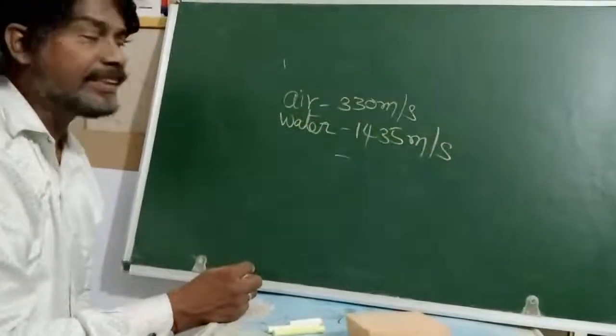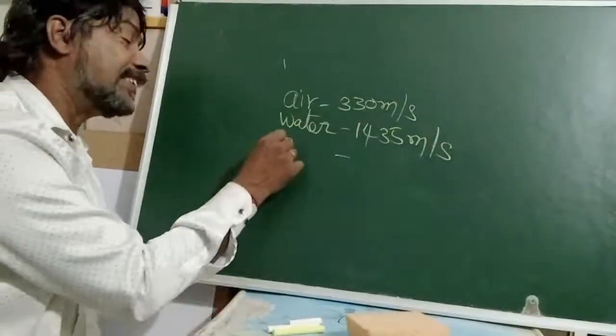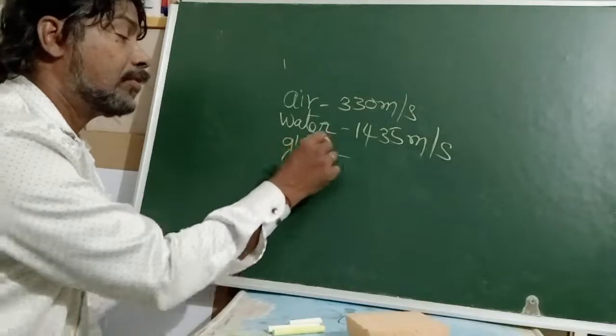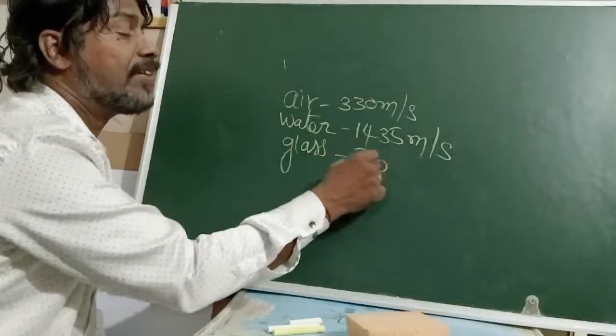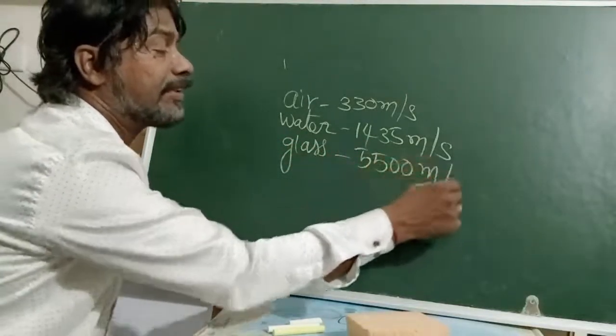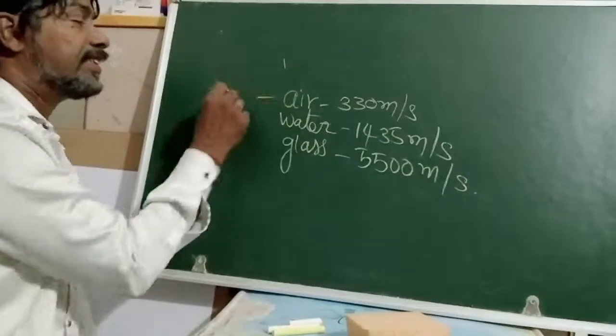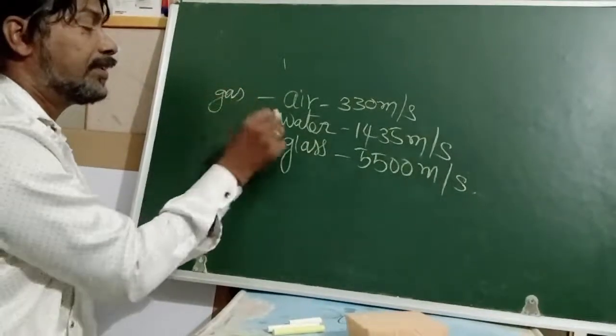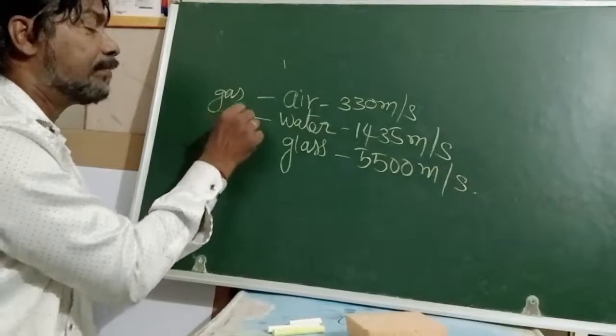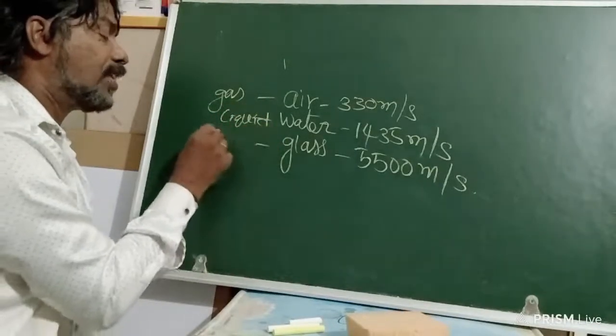In the same way velocity of sound in glass 5500 meters per second. This is gas state, this is liquid, this is solid.